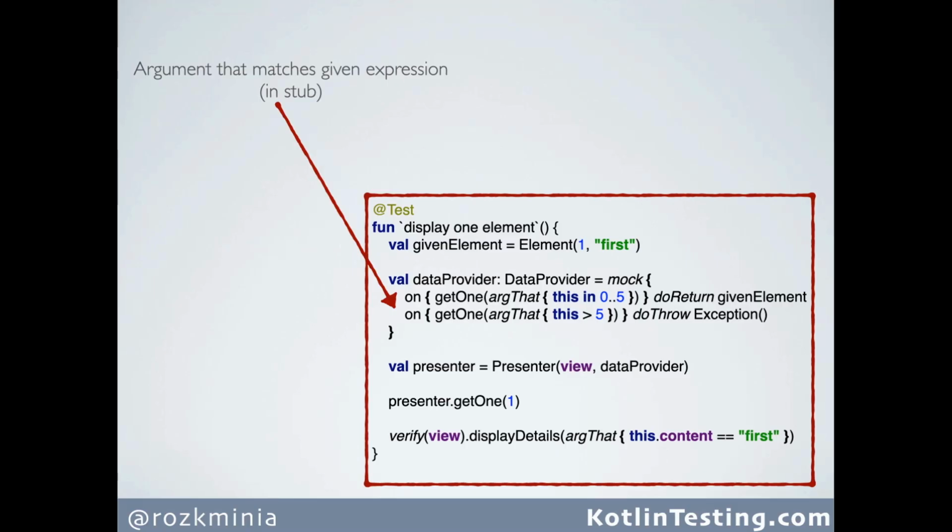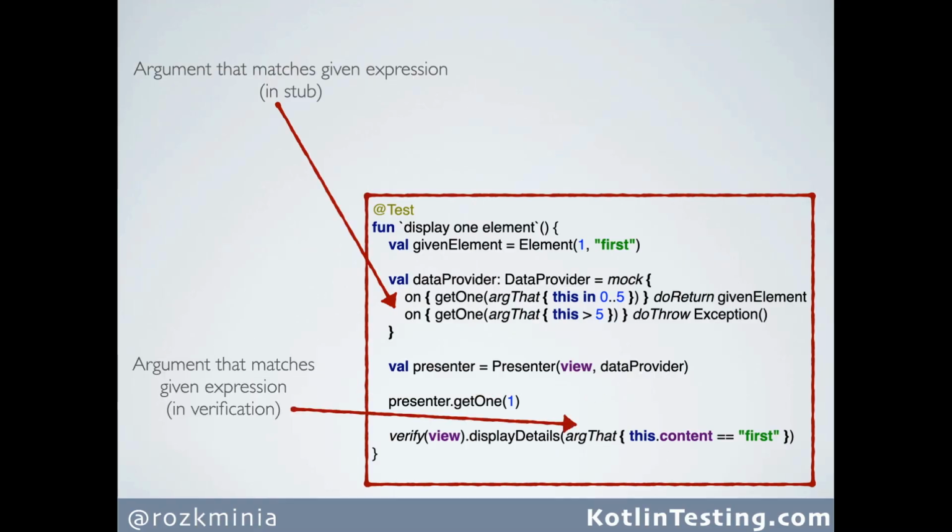While performing stubbing, Mockito will check that Boolean lambda, and will return the given element for elements matching this expression. And for a function invocation where the ID is higher than 5, it will throw an exception.